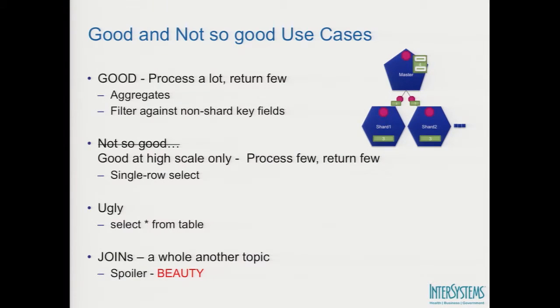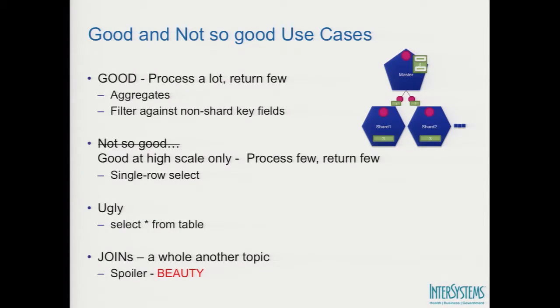The initial version of this presentation listed as not so good for the process view, return view, like single row select. But I was rightly corrected that it's not so good only if you have one client doing that. If you have one client requesting one record after another by unique key, yes, you have this overhead of going back and forth through the shared machinery.